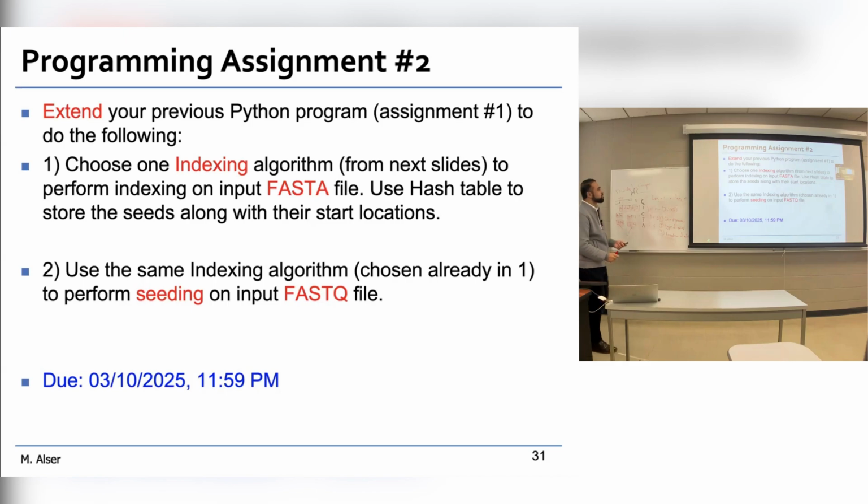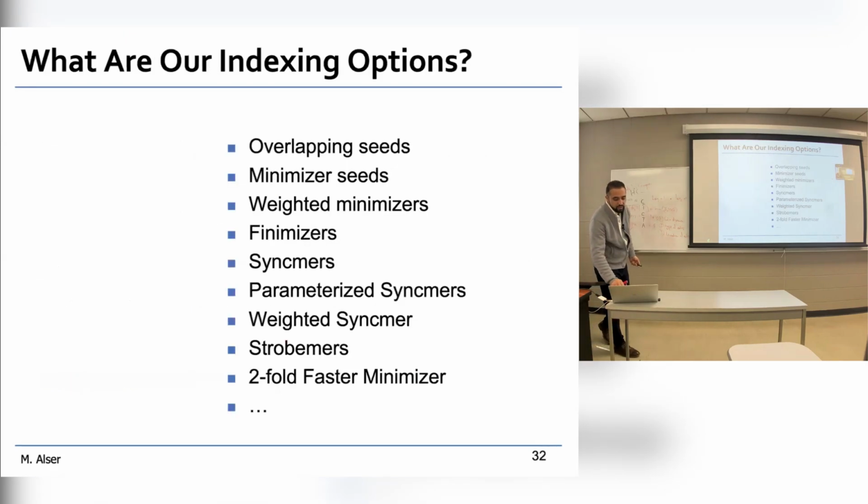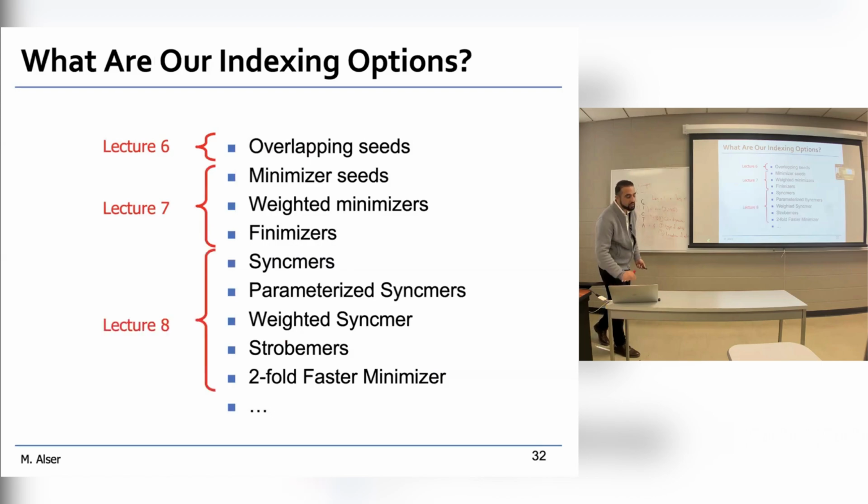Now, extend your previous Python program, which is assignment number one, to do the following. Two very simple tasks. The first one, choose one indexing algorithm out of these. They already made it easy for you, so you know which lecture to watch. It's up to you. You could go with the easiest, which is this, because this is already involved in any of those.